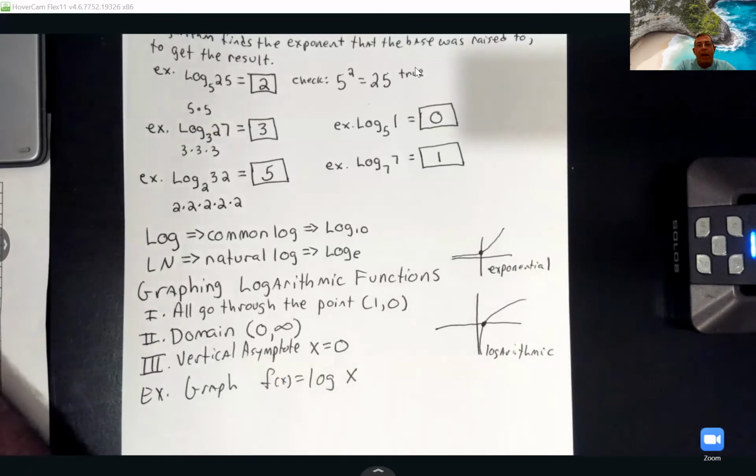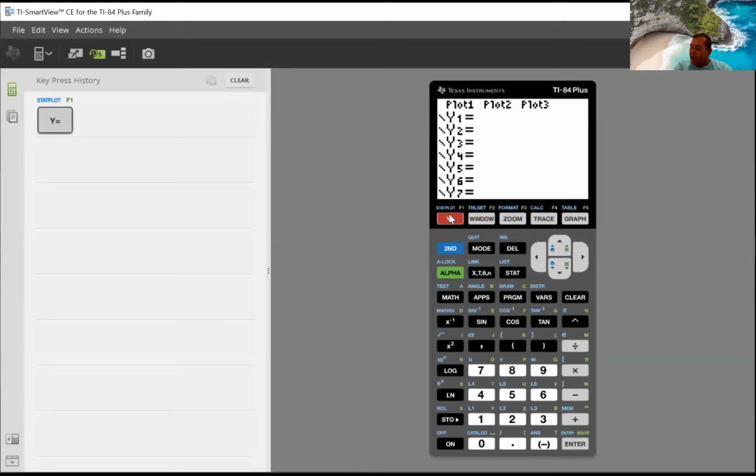I'm going to share my screen with the calculator. All right, I'm going to go to y equals. Now, this one doesn't have a subscript, so I can use the log base 10 on the front of my calculator by the 7. So I'm going to hit my log, and then that was log x. So I'll hit my x, close my parentheses.